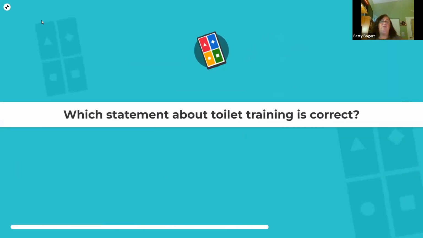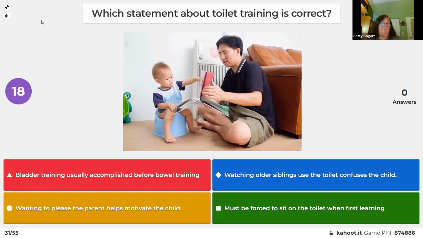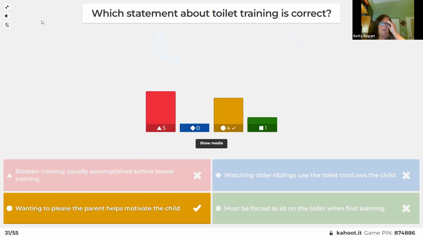Which statement about toilet training is correct? So the biggest thing about toilet training is toddlers want to please their parents, and that's what motivates them the most.